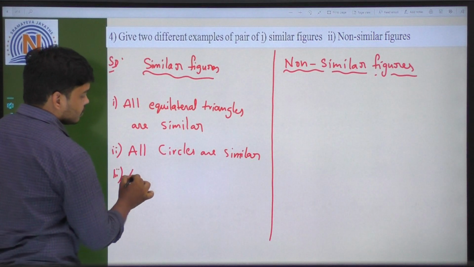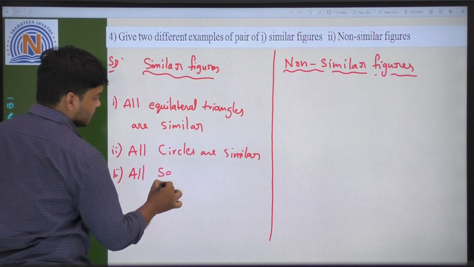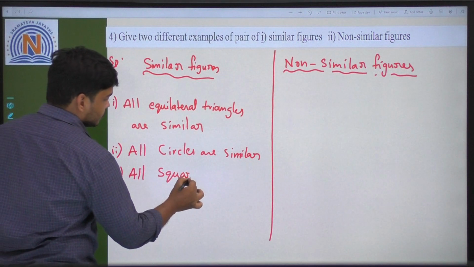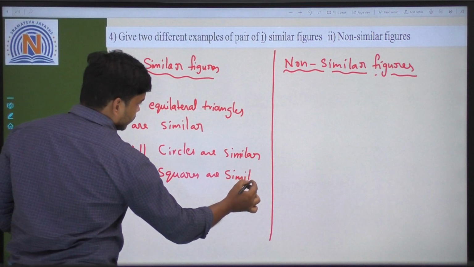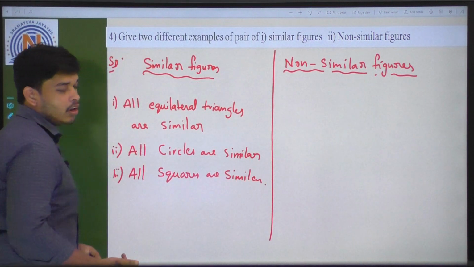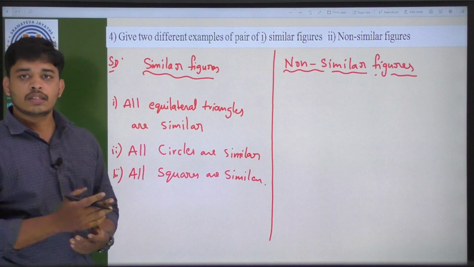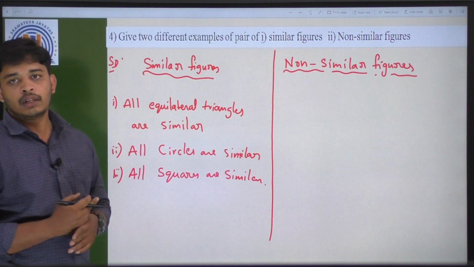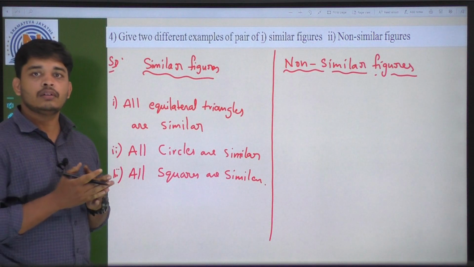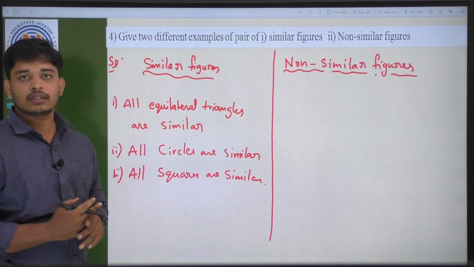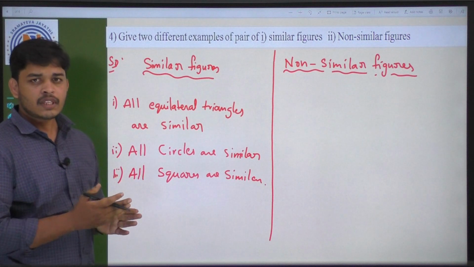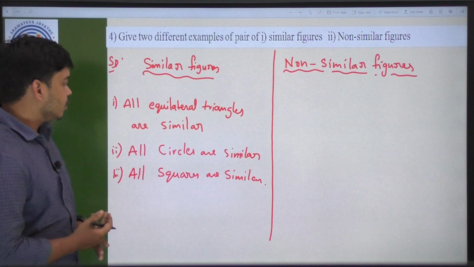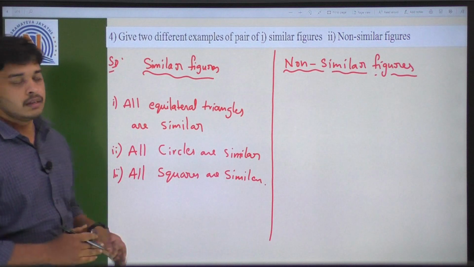And the third one is all squares are similar. And let it be all regular polygons are similar, for example regular hexagons are similar, right? All regular polygons are similar.